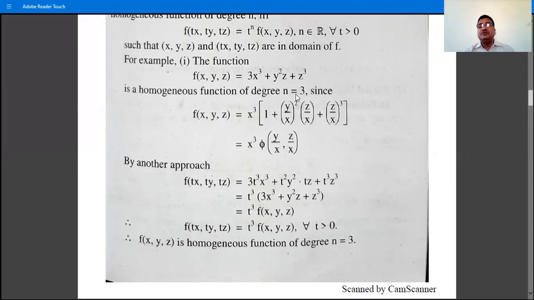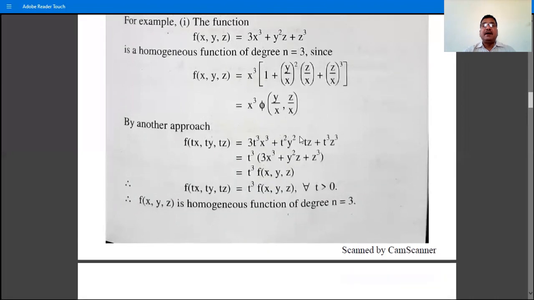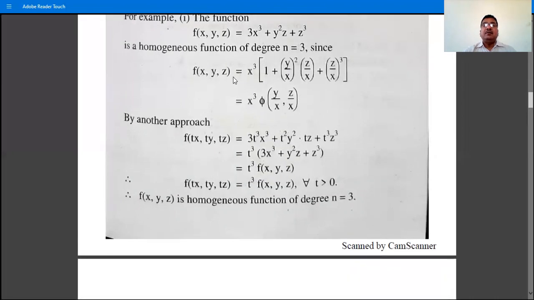If you observe this bracket, it is a function phi of y by x, z by x, and we have f(x, y, z) is equal to x cube phi(y by x, z by x), and therefore we say this f(x, y, z) is a homogeneous function of degree 3.